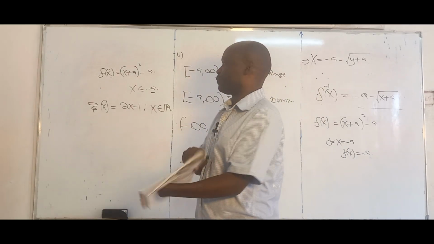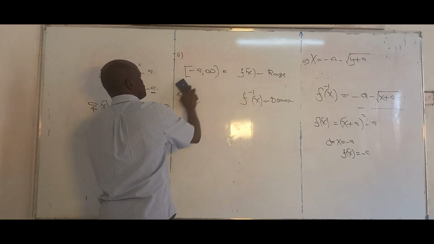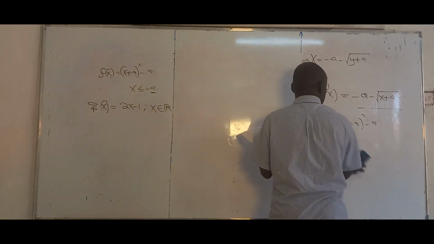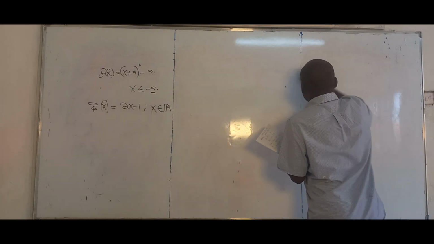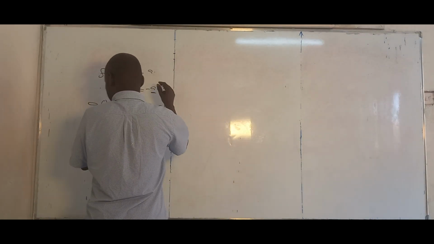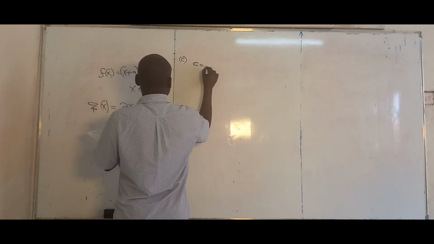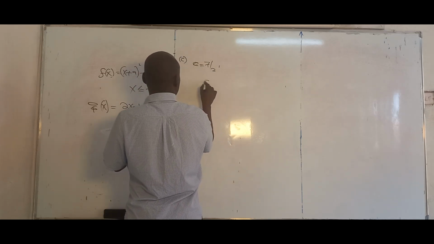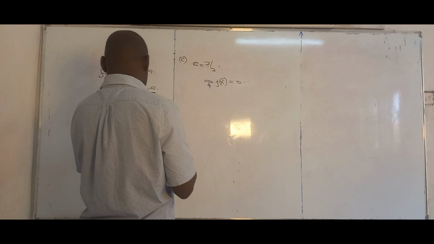Okay, part C. Given that A is 7 over 2, solve the equation g f of x is equal to 0.